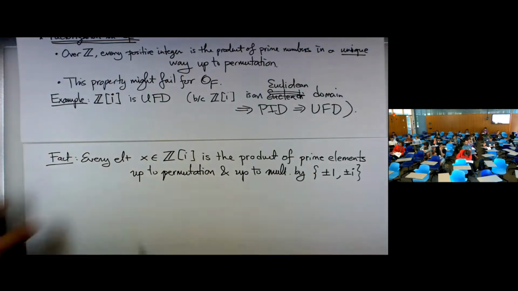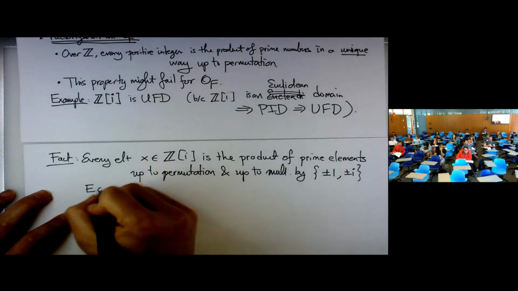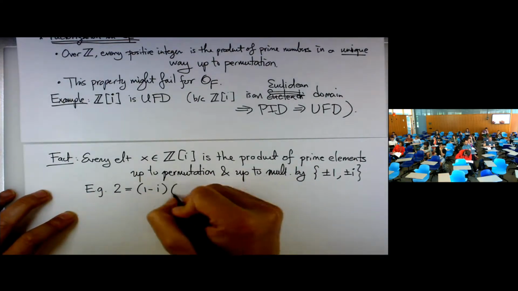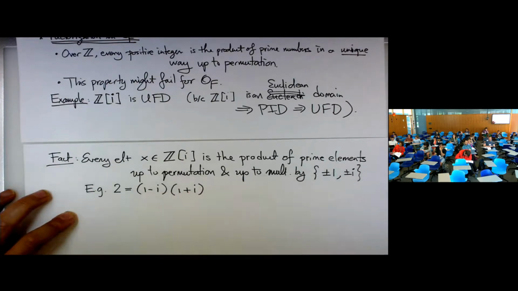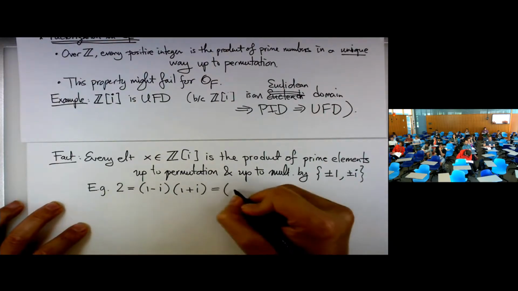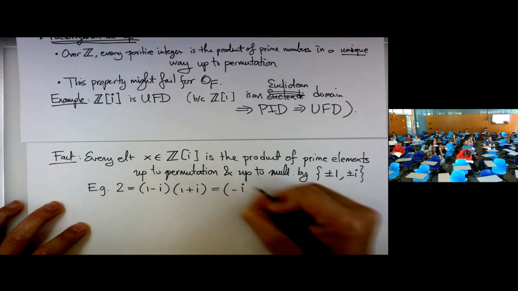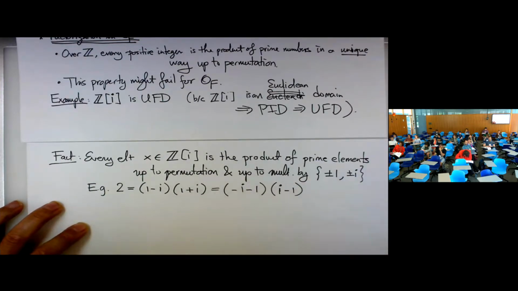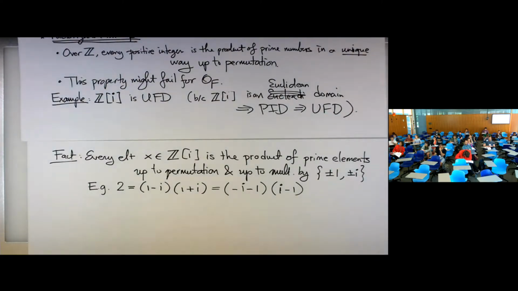Let me give you a really quick example. The most obvious way to factor 2 is (1 minus i)(1 plus i). But you can also write it as (minus i minus 1) times (1 minus i), putting minus i on both sides, so they're essentially the same thing.